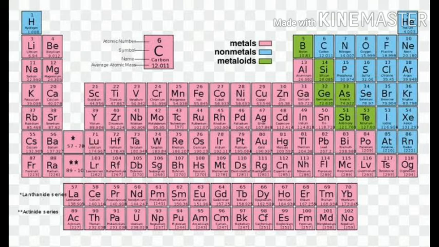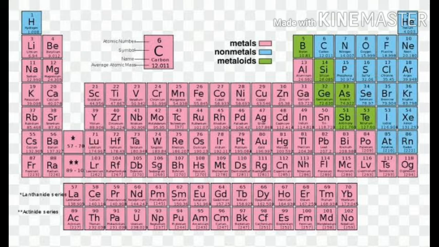What decides the ability to lose or accept electrons in the valence shell? All the electrons in an atom are held by the attractive force exerted on them by the positively charged nucleus. Electrons in the inner shells lie in between the valence shell and the nucleus.